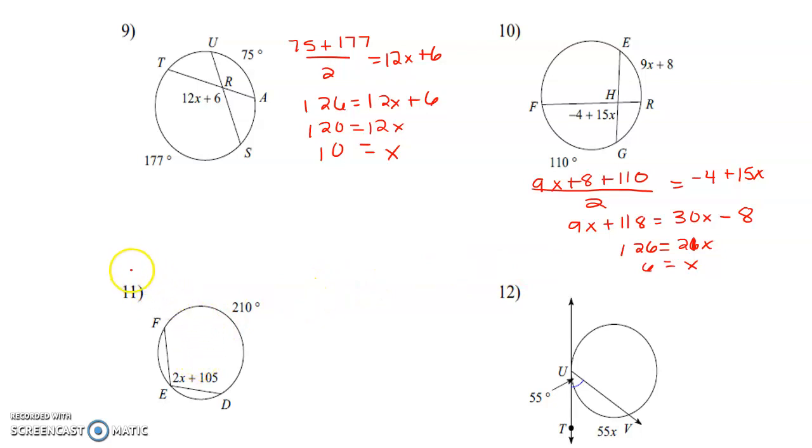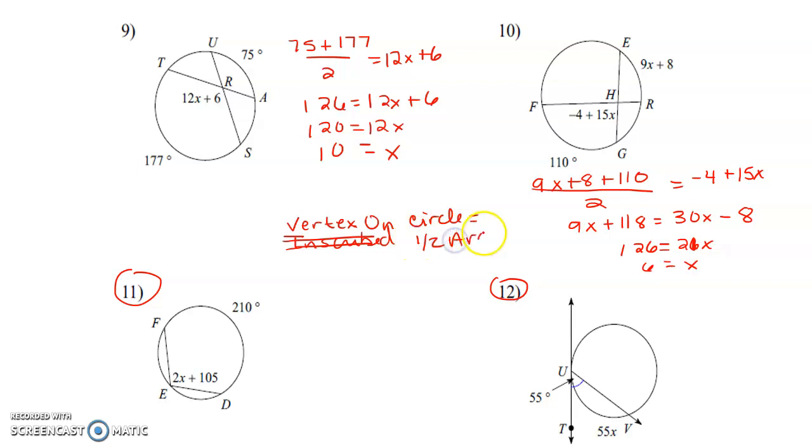This one is another inscribed. We look at the 11 and 12, and I have inscribed. Not inscribed, angle on, or vertex on, let's say. Vertex on circle has the same formula as inscribed. Okay, so that means that my 2x plus 105 is going to equal 210 divided by 2, half of my arc measure.